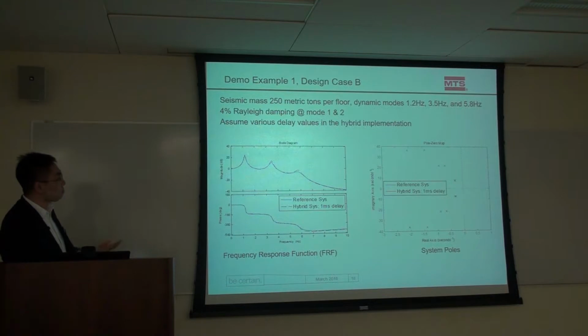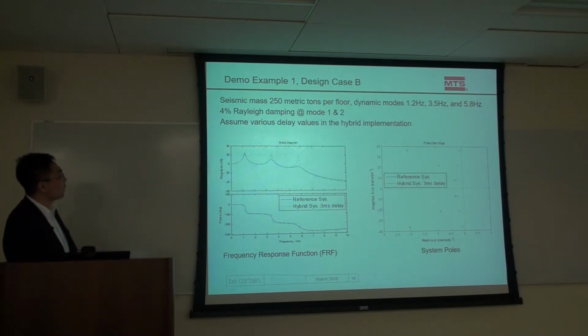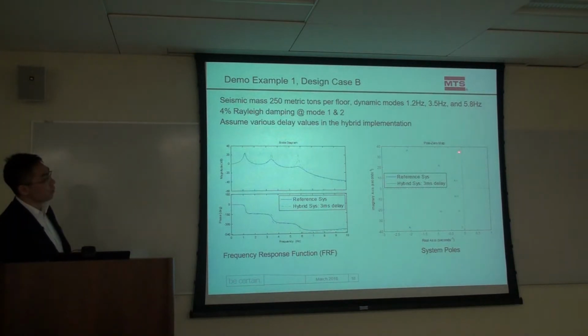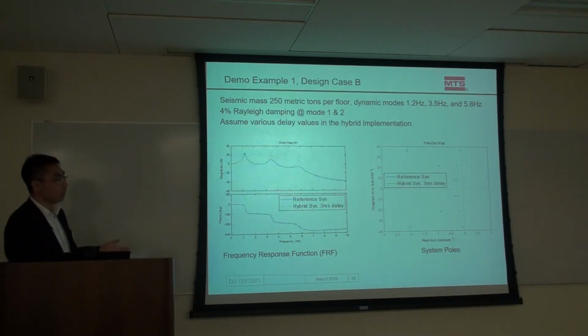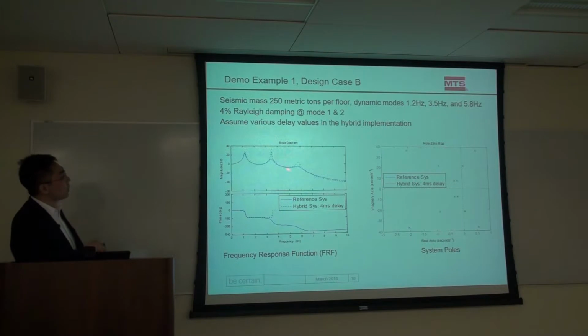It looks like it's possible to make it work under this 1 millisecond. And then at 3 milliseconds, you see that a mode started to go marginally unstable. It's shifting very close to the right half plane. So it's becoming a critical point here. And if you go to 4 milliseconds, if you add a little more delay in there, you see the system goes unstable.